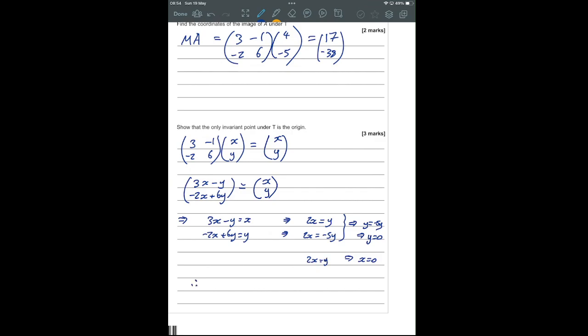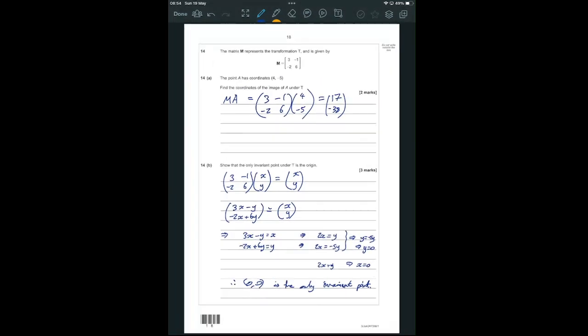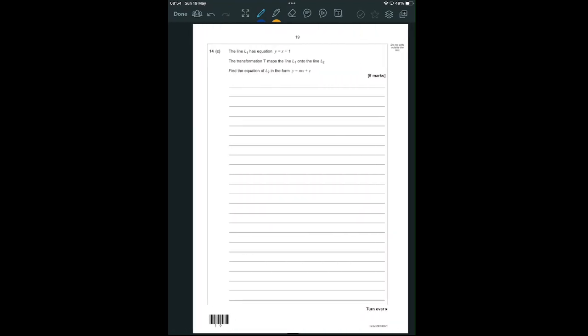So therefore, (0, 0) is the only invariant point. Now you could have solved those simultaneous equations in your calculator as well. I don't know if my hand is just as good. It's a show question, so I want to be as clear as possible.